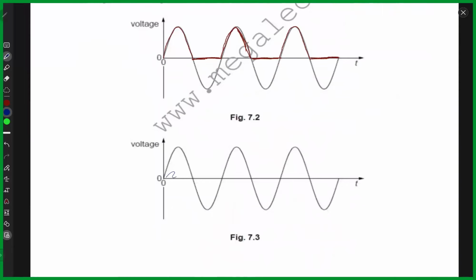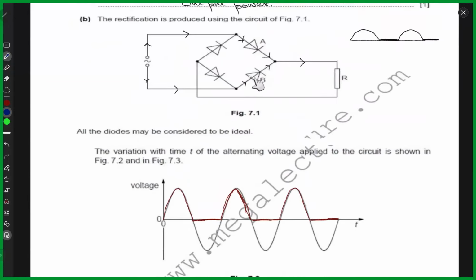So for this part where the direction is upwards, no current is flowing through diode B, right? You can see when it's upwards, it goes here, it goes here, does not go through B, just goes there.